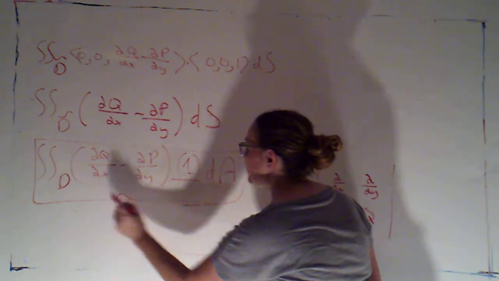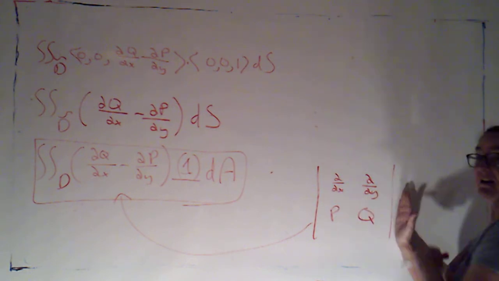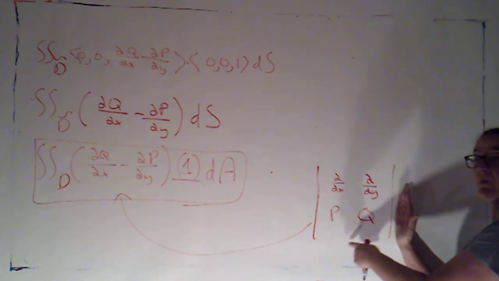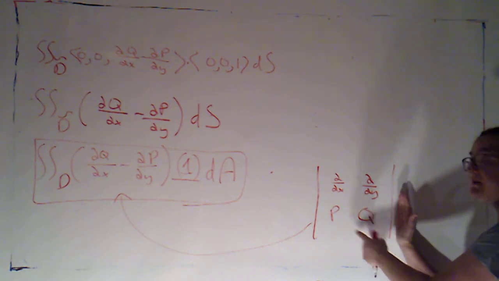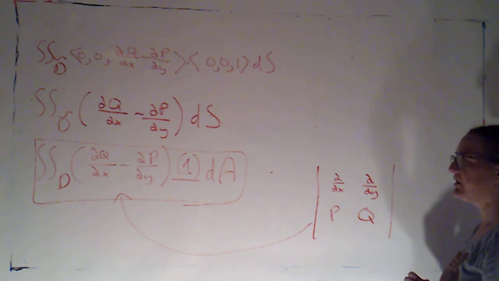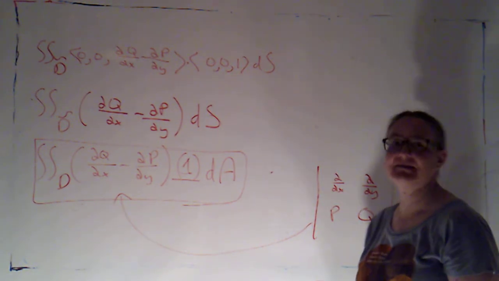That's what my integrand is. That's not a full-on proof, but that's a nice mnemonic device, that my integrand will simply be the determinant of this 2 by 2 matrix, which happens to be the k component of the curl of F tilde, if I were to embed this in 3-space.